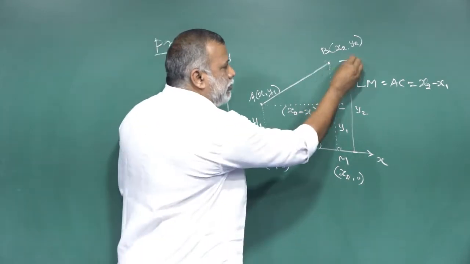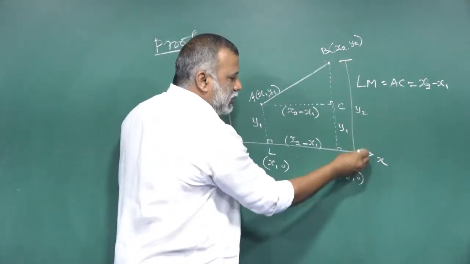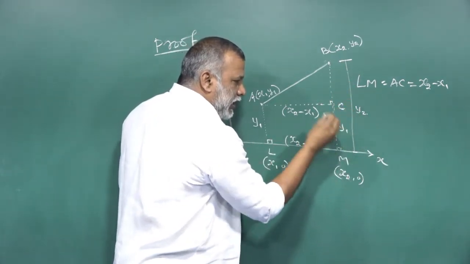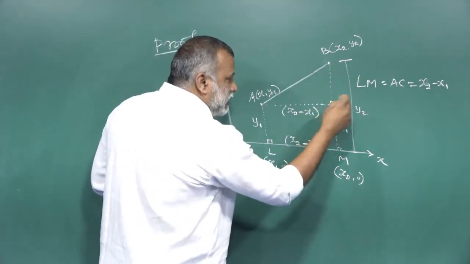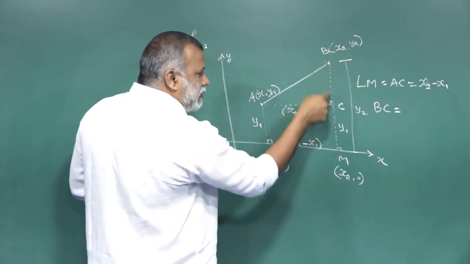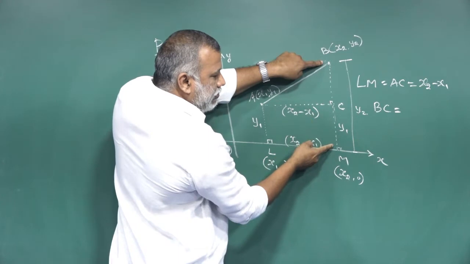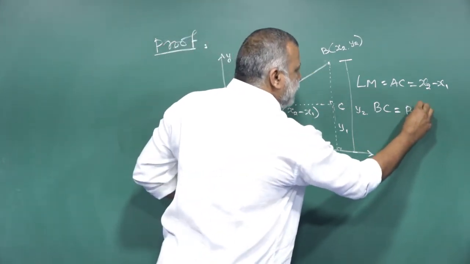From B to this line, we have y2. From C to M, we have y1. Now, I need this value BC. How are we able to find out the value of BC? This is also the maximum minus minimum. What is the maximum here? BM.